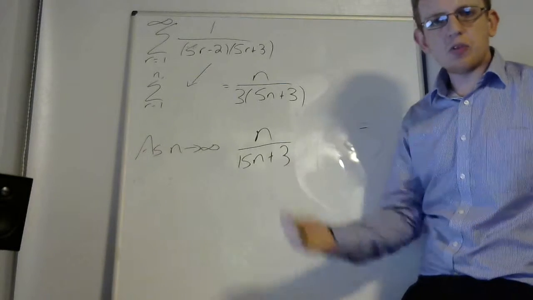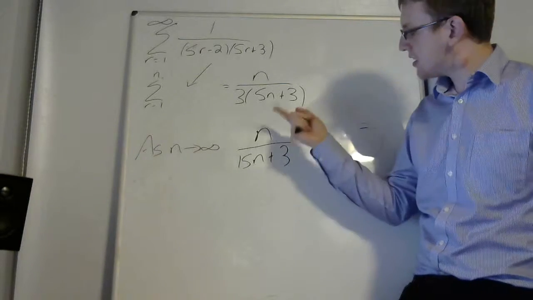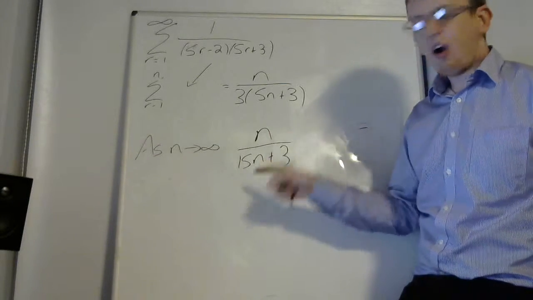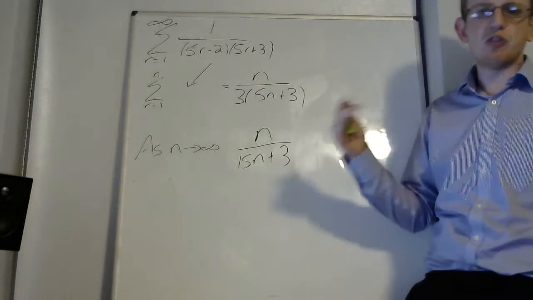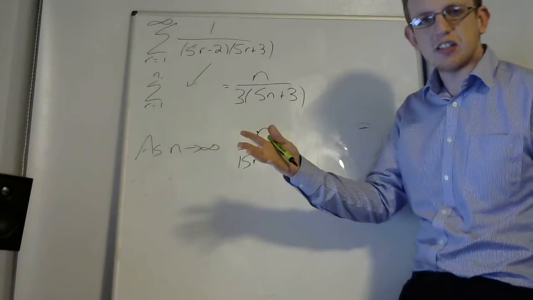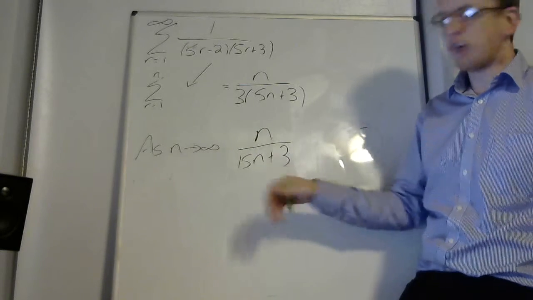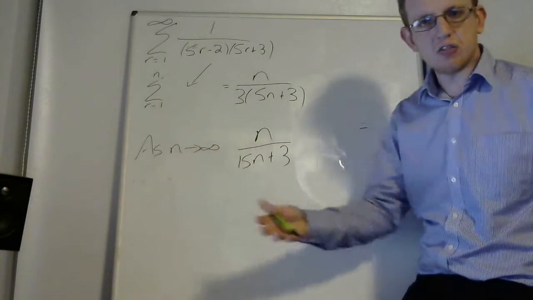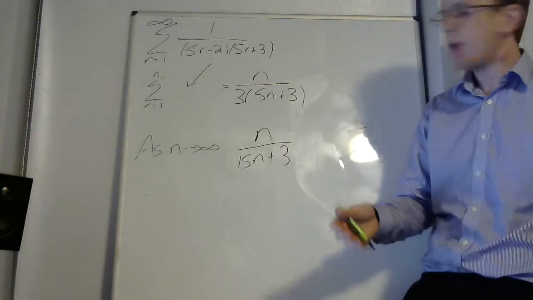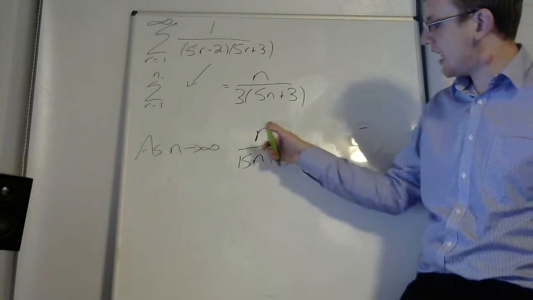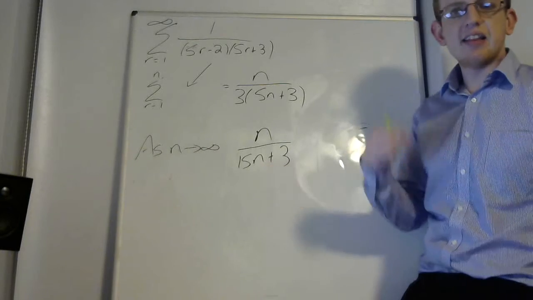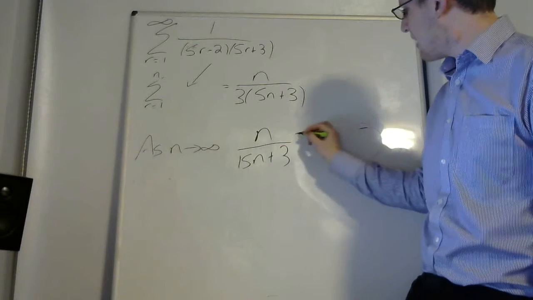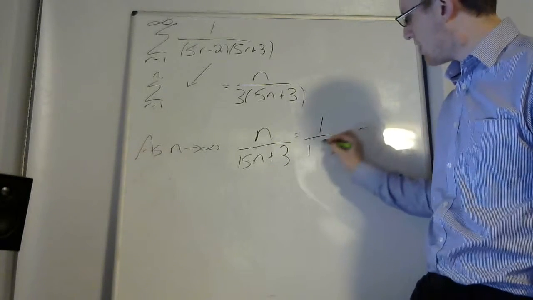Now, when n goes to infinity, what we're going to have is infinity over 15 lots of infinity. The plus 3 doesn't make any difference because the numbers are so large at this stage. Adding 3 onto 15 lots of infinity doesn't really affect things. But what we can say is infinity over 15 lots of infinity does have a limit, and that limit is 1 over 15.